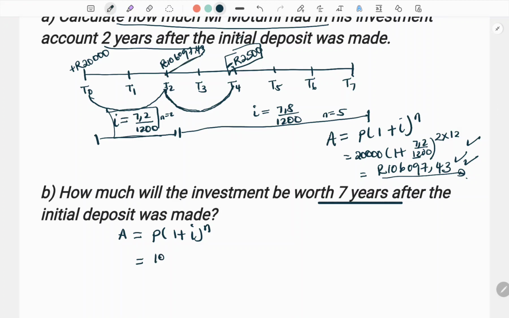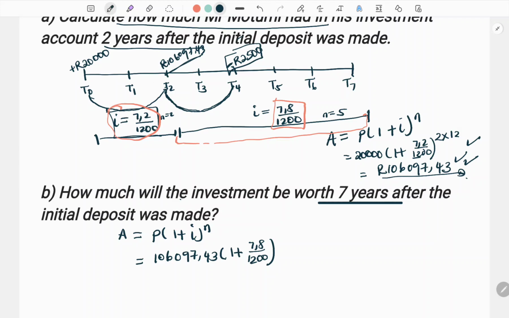It's going to be 106,097.43 times 1 plus, remember the interest now changed. That's 7.2. This 7.2 was for the first 2 years. Now for the remaining time, you're going to use 7.8%. So it's going to be 7.8 over 12 to the exponent of n.